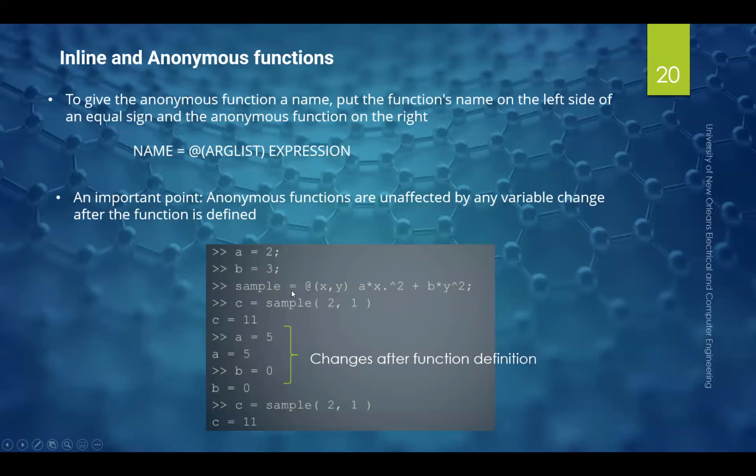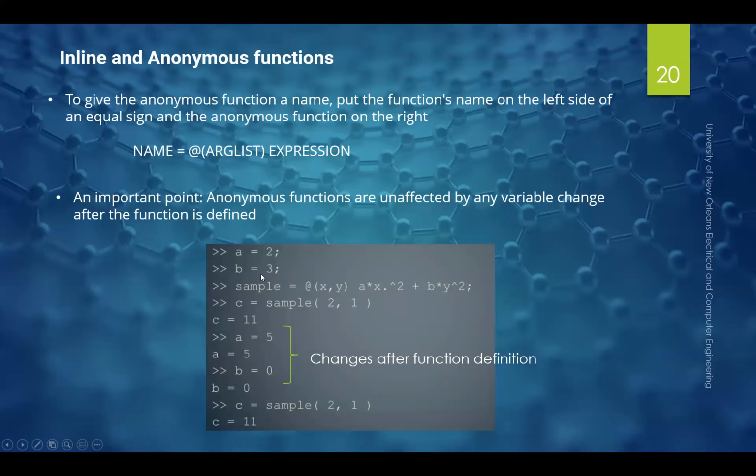And this is the format of the anonymous function. So when you see the @ sign, that implies an anonymous function. Again, we're using a macro, right? So now at the end of this statement here, we have replaced the entire function by just one name, sample. So every time you use sample, you really call in this function with these two variables.